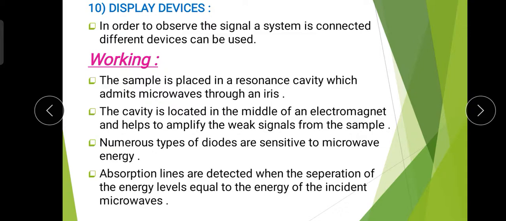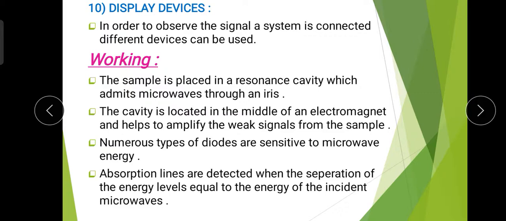That means in ESR spectra, we get the peaks, and these peaks show the different characteristics of that particular sample, so in order to observe that spectra we need some display device. So there are different display devices used according to the need. So this is all about the different components of the ESR spectrometer, or we can say that this is the basic construction of the ESR spectrometer.